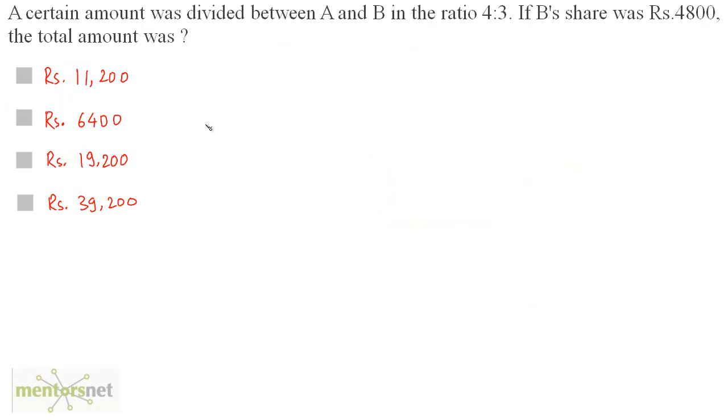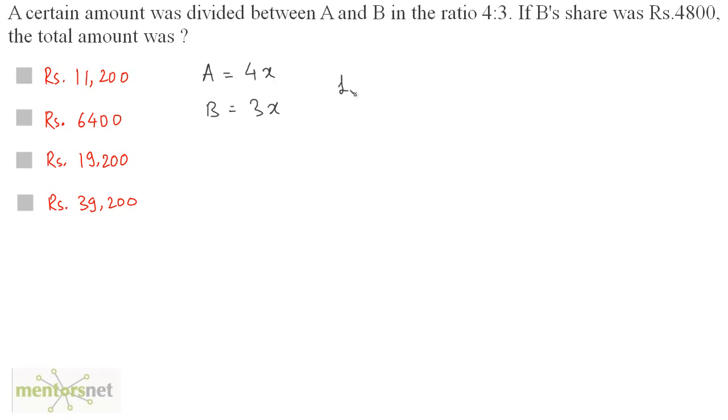A certain amount was divided between A and B in the ratio 4 is to 3. If B's share was 4,800, the total amount was. So we have the ratio of amounts of A and B, which is 4 is to 3. So I can write the amount with A is equal to 4x and the amount with B is equal to 3x.